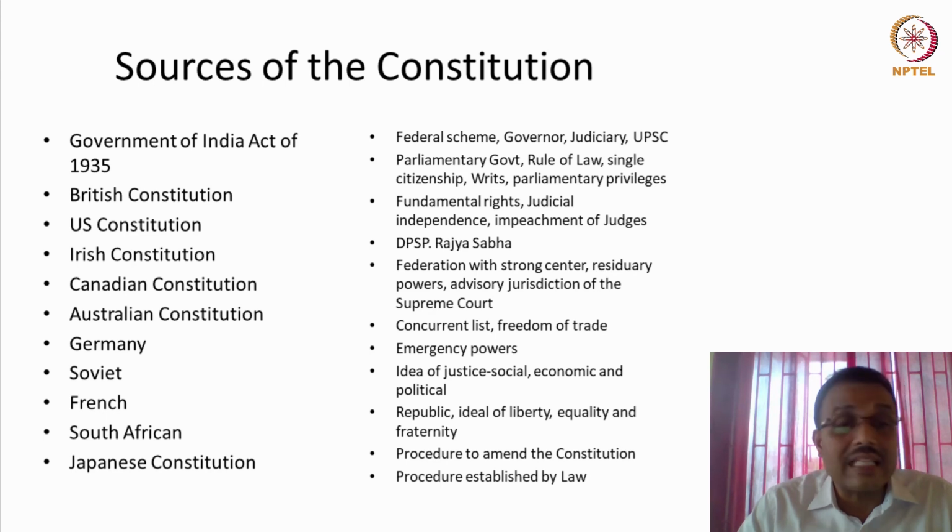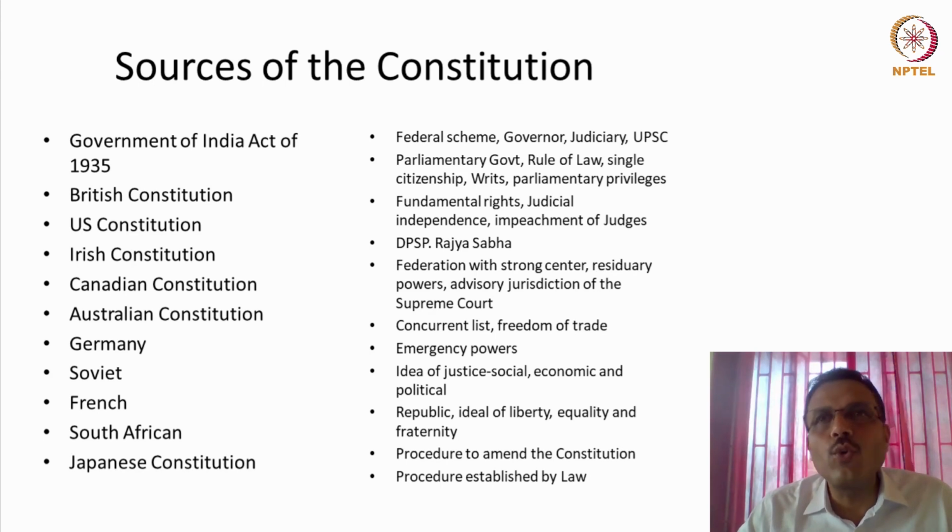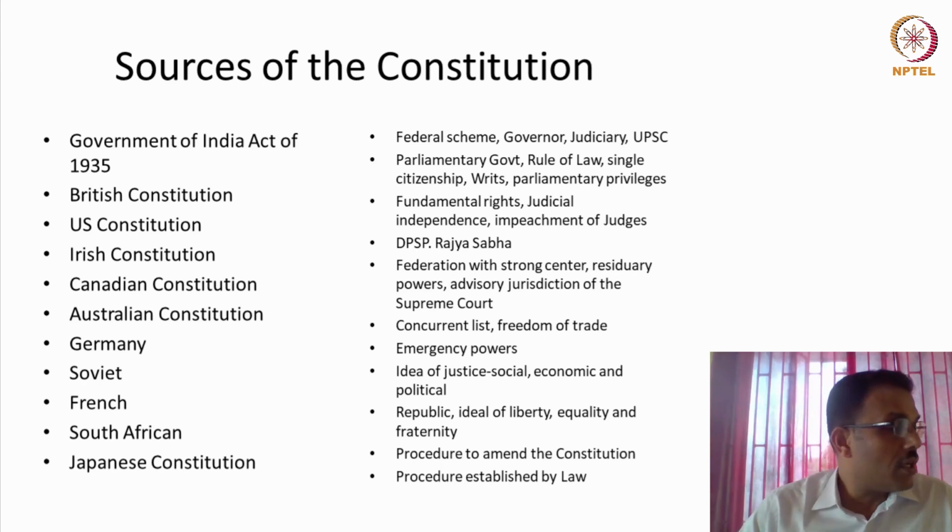So that's precisely what the Government of India Act has given: the federal scheme, the governor and judiciary. We looked up to the British Constitution, the unwritten one, for the parliamentary form of government and the rule of law principle. Of course, very importantly, single citizenship. You can't say dual, but we don't have a state citizenship in India. It's only one Indian citizenship. The British had the same.